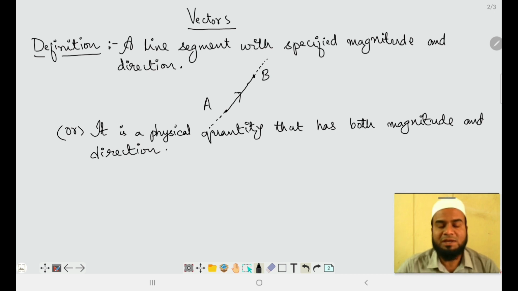And the physical quantities that have only magnitude but not direction are called scalar quantities.